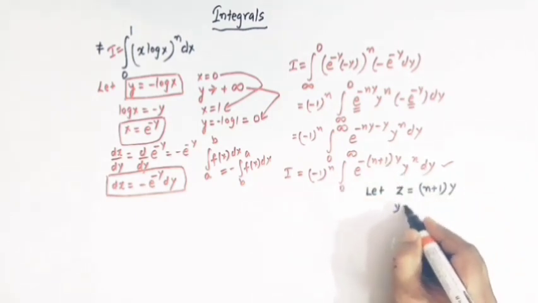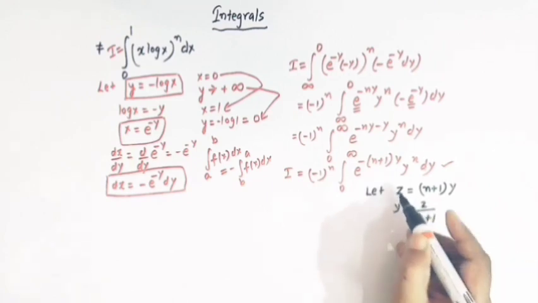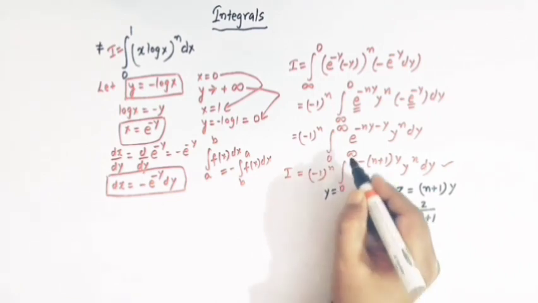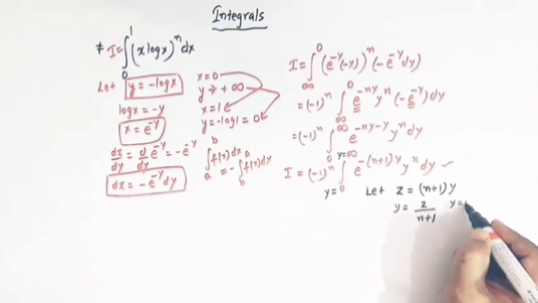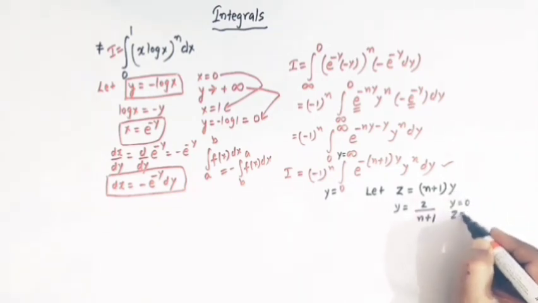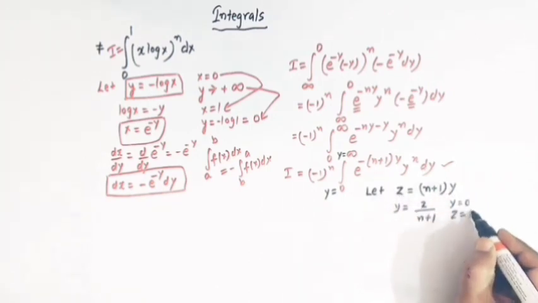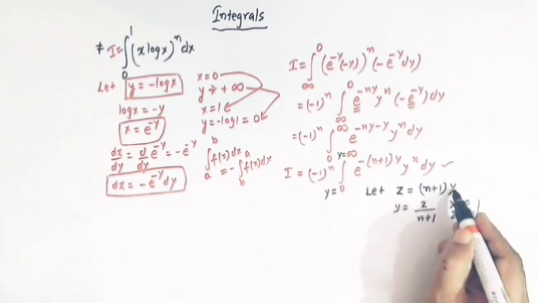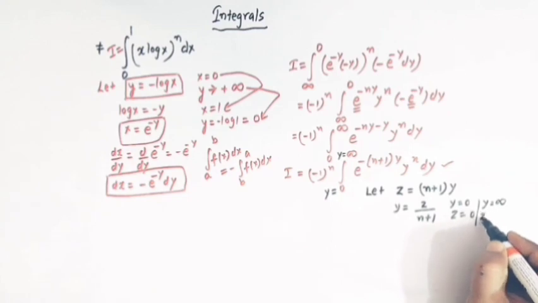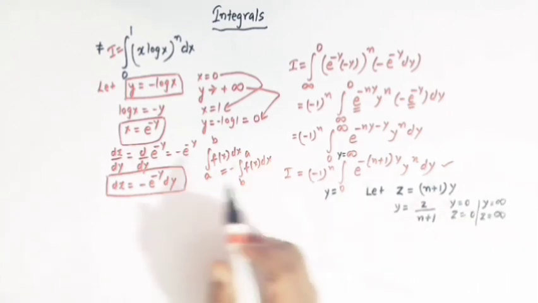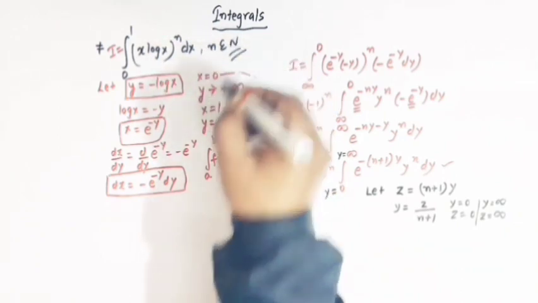So y is now z divided by n plus 1. And here we see that y varies from 0 to infinity. So when y is 0, then z is simply n plus 1 times 0, and here z is 0. And similarly, when y is infinity, then z is also infinite. And remember, here n is a natural number.